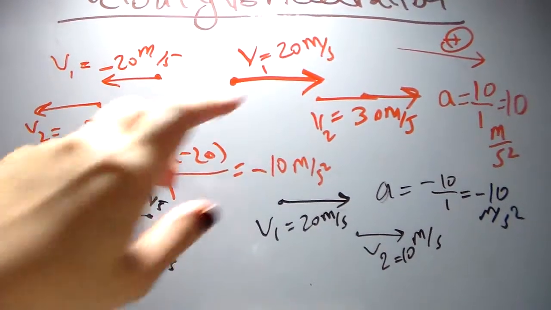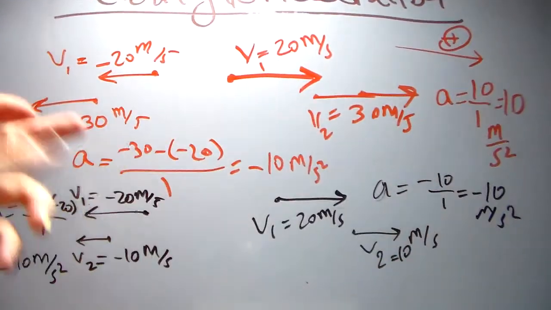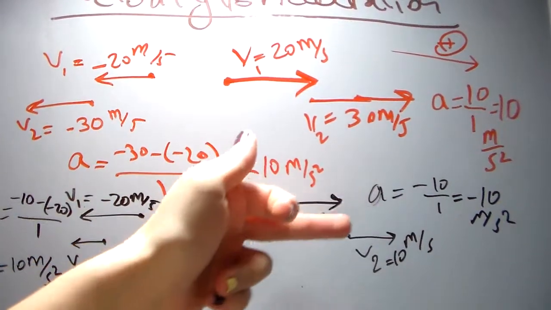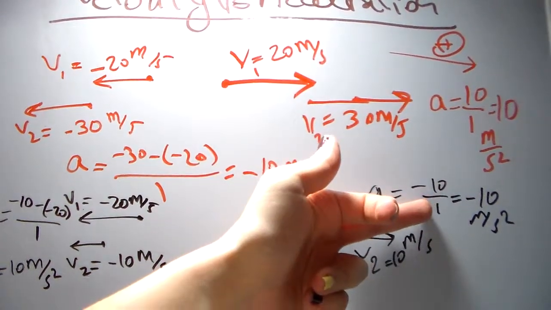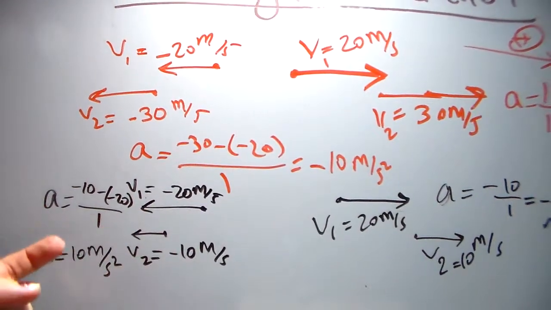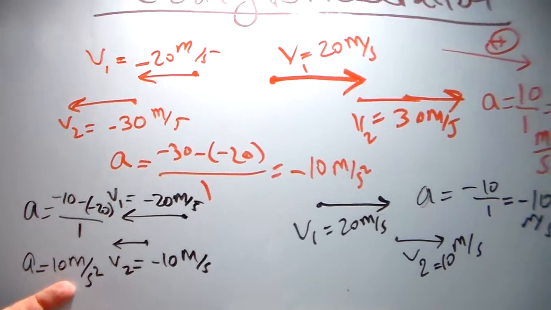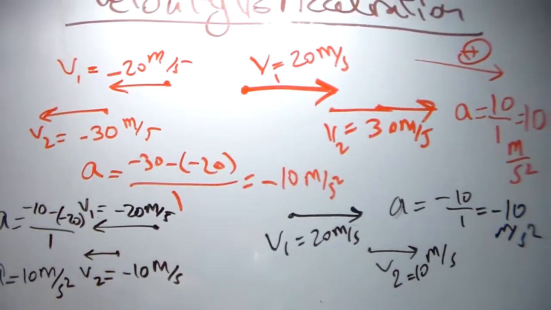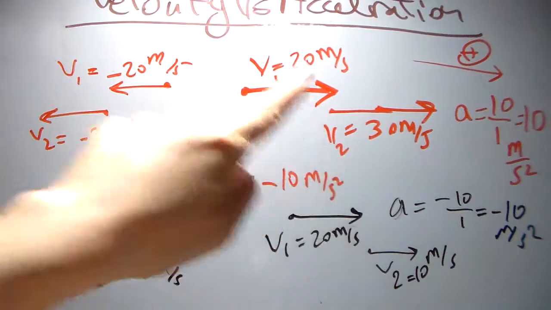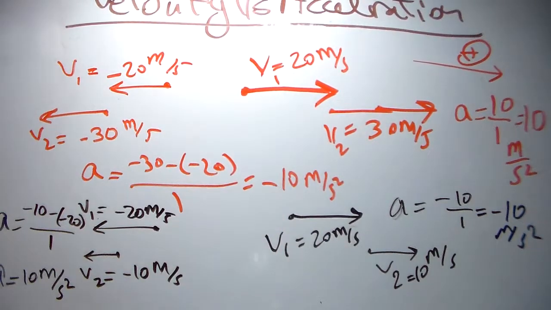In one scenario I have all of them positive, in one scenario all of them negative, in one scenario the velocities were positive and acceleration was negative, and in the very last one the velocities were negative but the acceleration turned out to be positive. If you think about everyday life experience and common sense, in the first case you were speeding up.